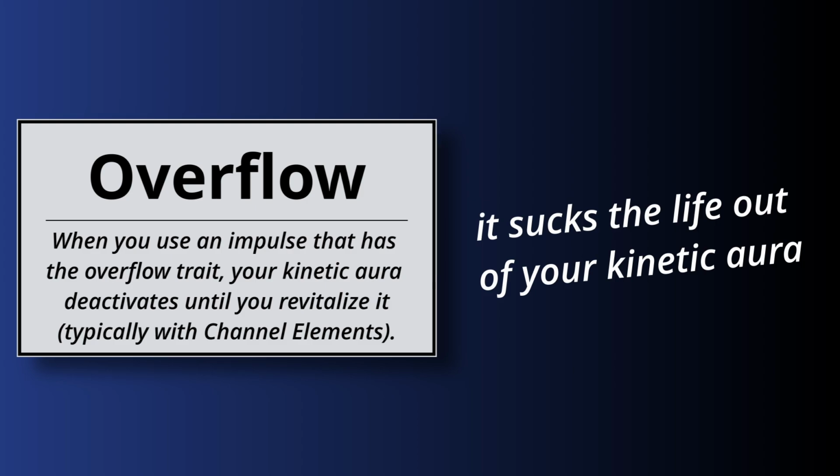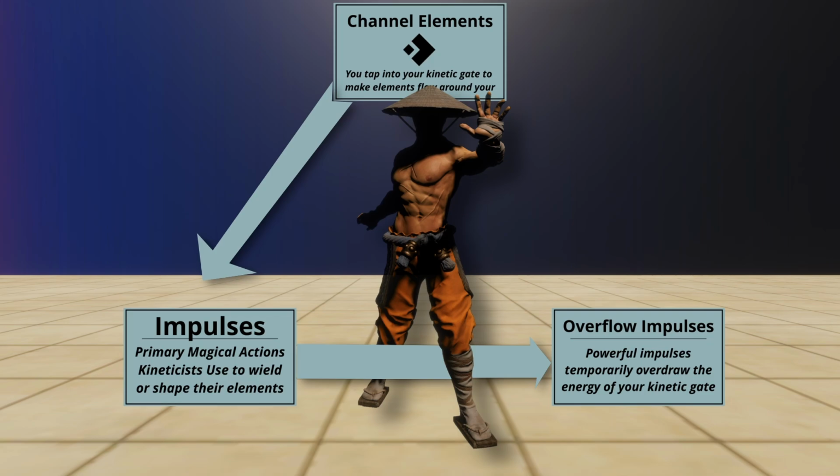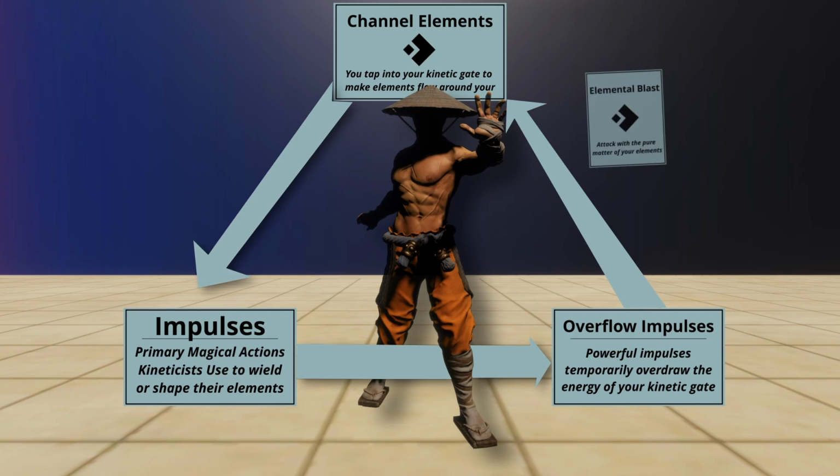When you use an impulse that has the overflow trait, your kinetic aura deactivates until you revitalize it. But you don't have to worry if your kinetic aura is deactivated, because you can reactivate it with that single action channel elements. And when you do, you get a free single action elemental blast or a free single action stance impulse as part of that action.